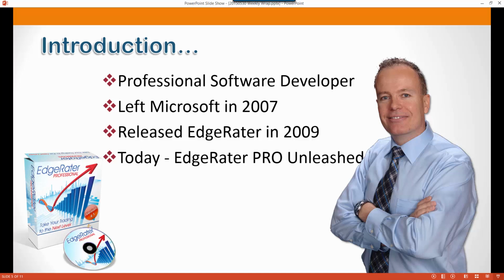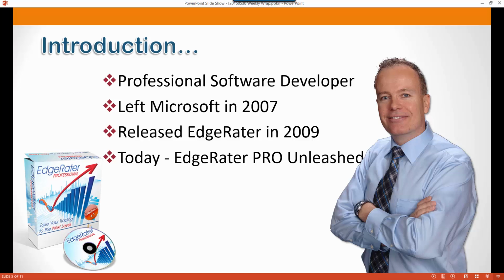So I am a professional software developer, and have been for many years. In my last full-time job I worked at Microsoft, which I left after over 5 years there, in 2007. The reason I left was I had this idea about a trading software program that was going to help with my trading, and I wanted to spend full time working on that.